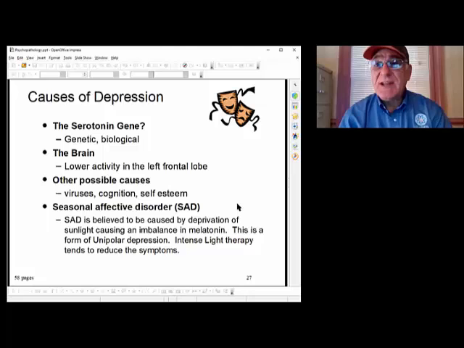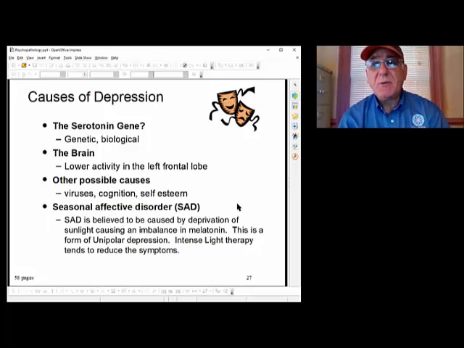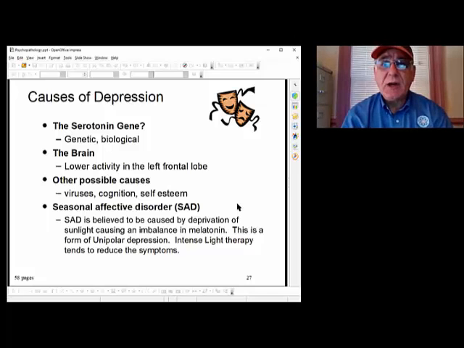So that's a genetic, biological reason for depression. The brain shows lower activity in the left frontal lobe as well. Now, we don't know if that's caused by the depression or if it causes the depression, but we know that people who are depressed show lower activity in the left frontal lobe.